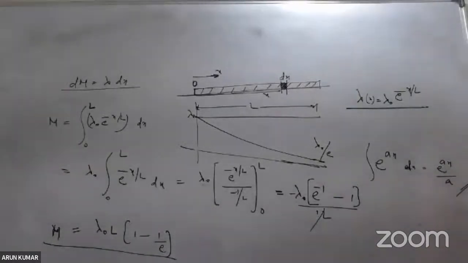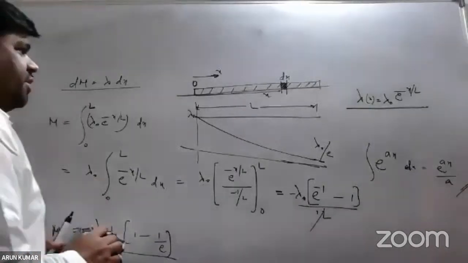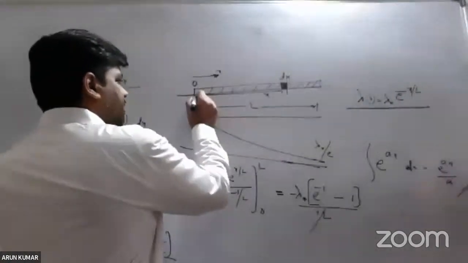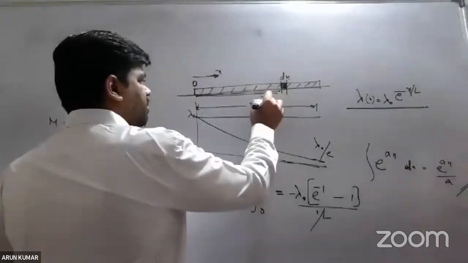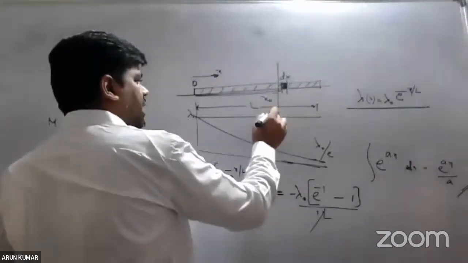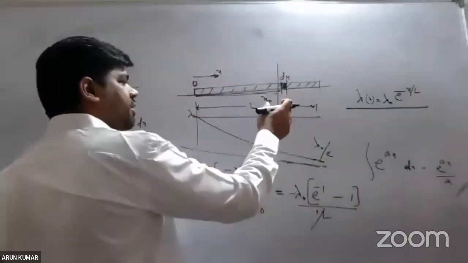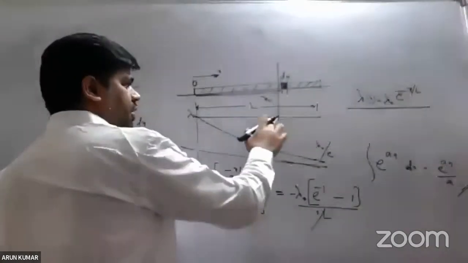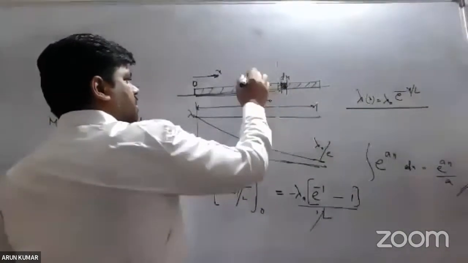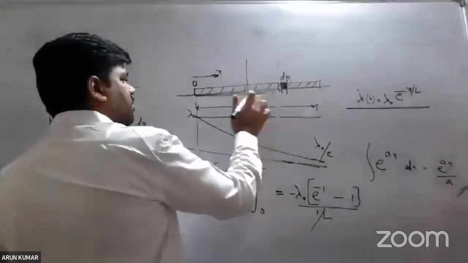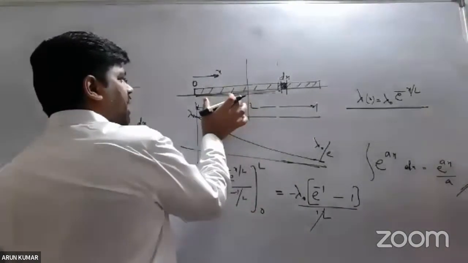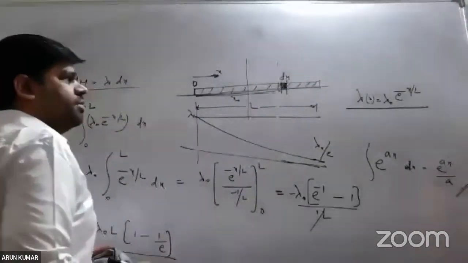Yes, sir. Okay. Now, just for a simple exercise, let's find the length of the rod for which mass is half of the total, that is, the length of the rod which has mass equal to the remaining portion of the rod.